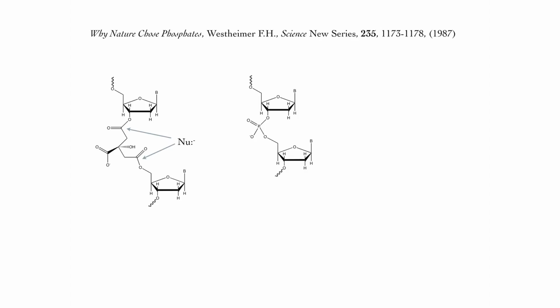So they're pretty much always ionized at physiological pH. The problem is, if you look at the structure carefully, you'll find that one ionized carboxyl group doesn't shield the electrophilic centers very well from nucleophilic attack.